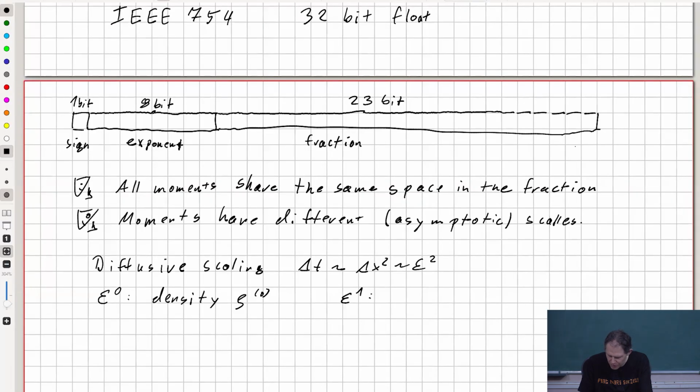Epsilon to the power of 1, we have, for example, velocity. So this would be epsilon times the first order solution of our velocity here. And then at second order, we have the pressure.